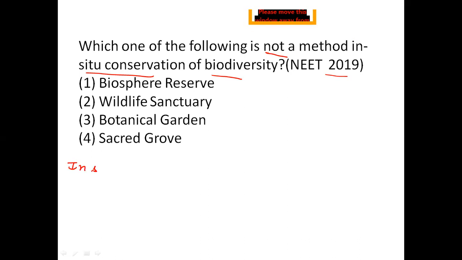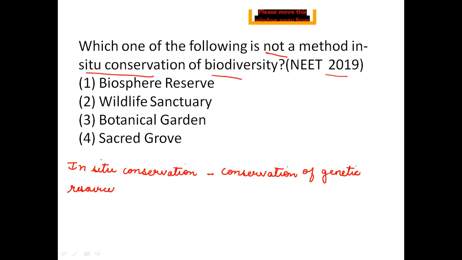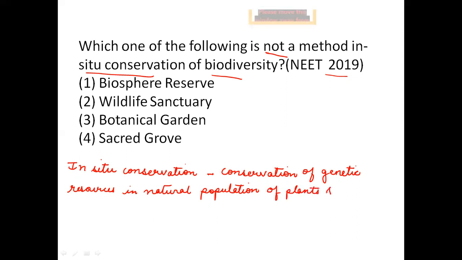When we talk about in situ conservation, we can say it is on-site conservation, or a conservation of genetic resources in natural populations of plants and animals.